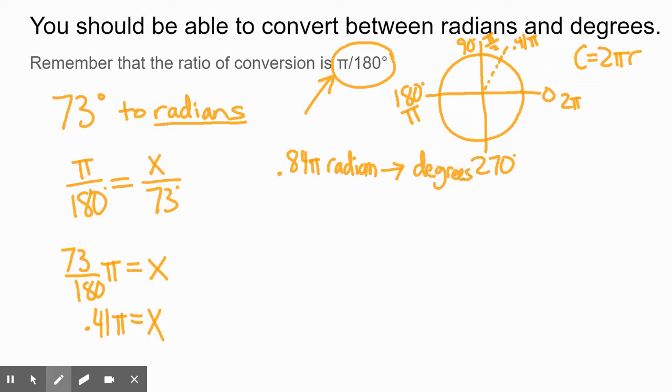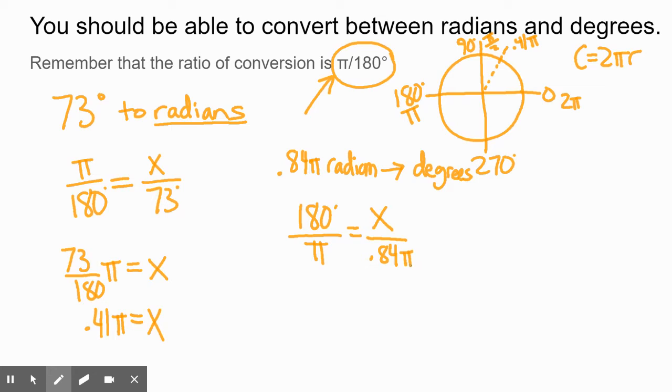We're going to use our ratio, but we're going to put degrees on top this time instead of radians. So here's our 180 degrees over pi radians equals x degrees over 0.84 pi radians. Okay? And I know we got decimals on fractions and whatever, too bad.